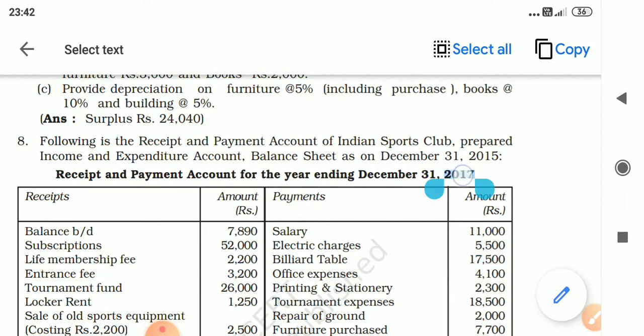This is receipts and payment account for 2017. So definitely if a billiards table is purchased in the year 2017, it will appear in 2017's balance sheet, not in 2016's balance sheet. There is only one amount which will appear in 2016's balance sheet, that is the opening cash in hand and cash at bank.